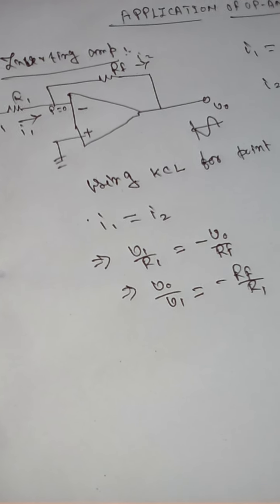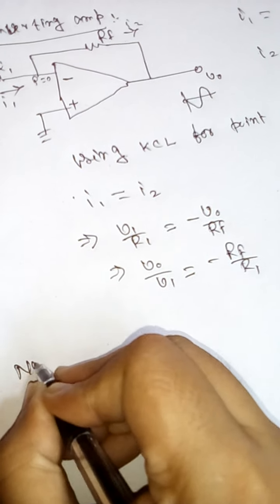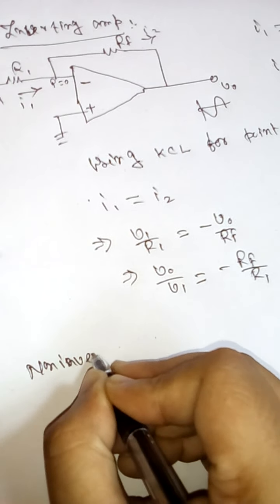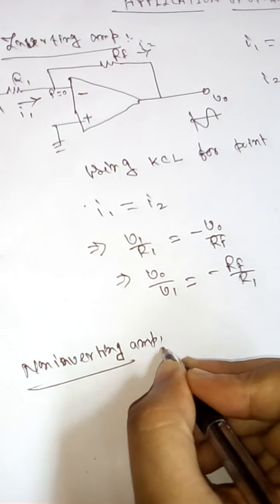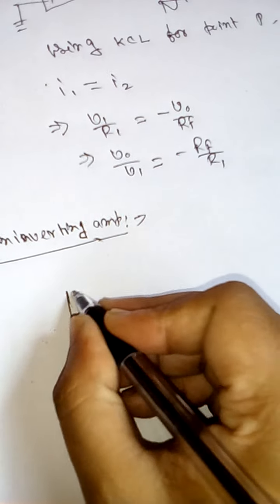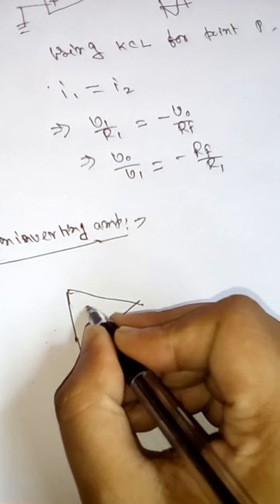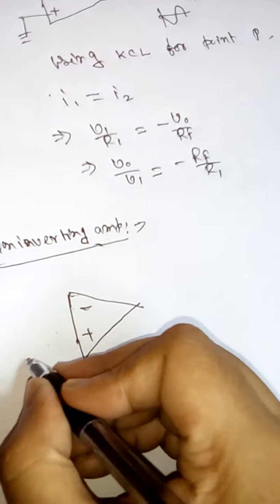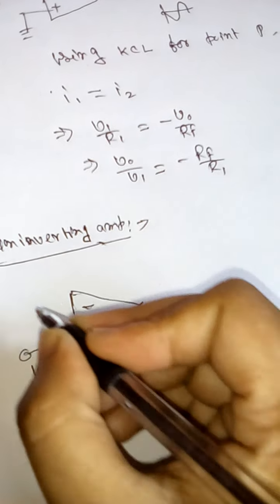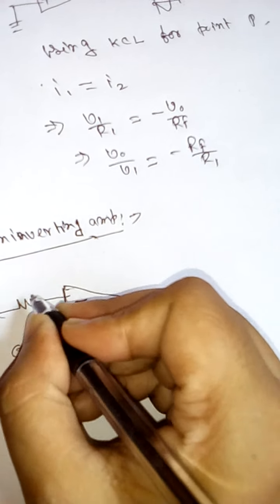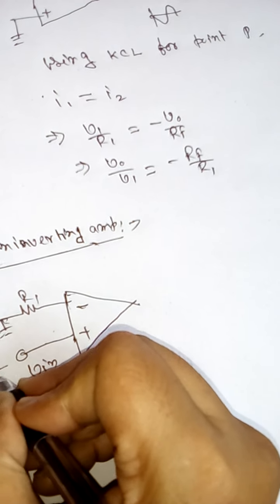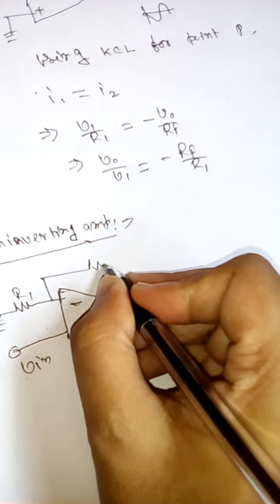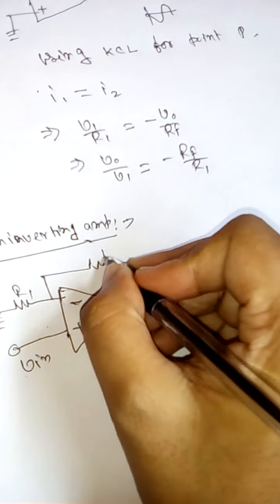Now for the non-inverting amplifier, the voltage Vin is connected to the non-inverting terminal, here there is R1, and we apply a sinusoidal voltage and take the feedback resistance RF.